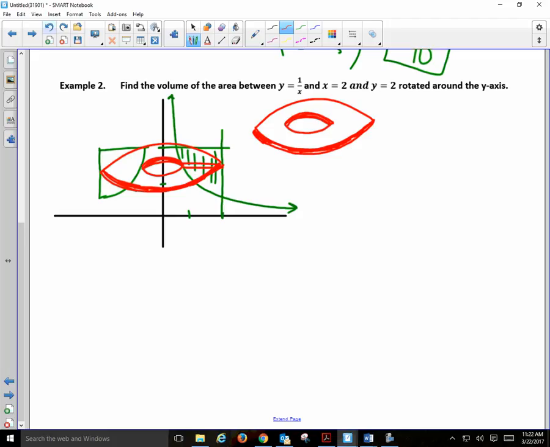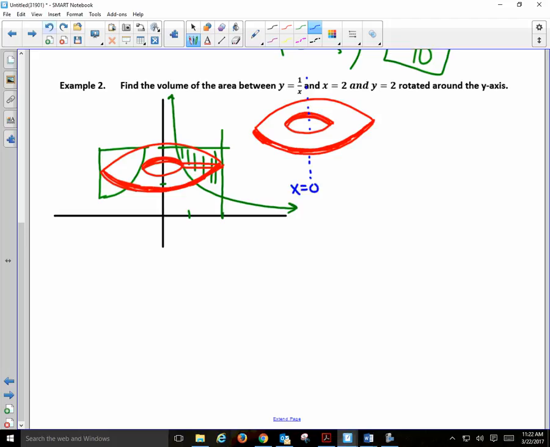It looks kind of funny when you do that, but I usually try to shade the right on the inside and the left on the outside, or the top on the inside and the bottom on the outside. So anyway, the middle is x equals 0.